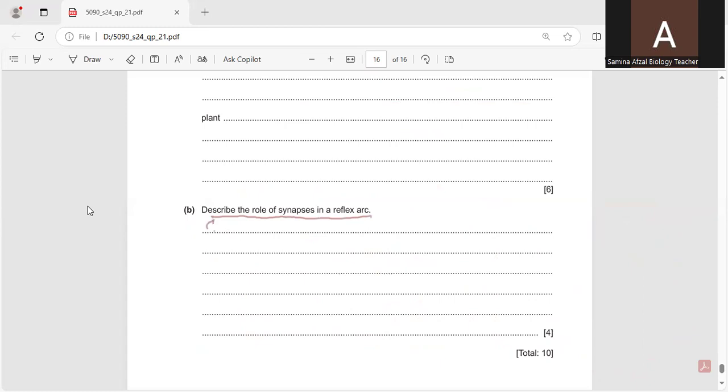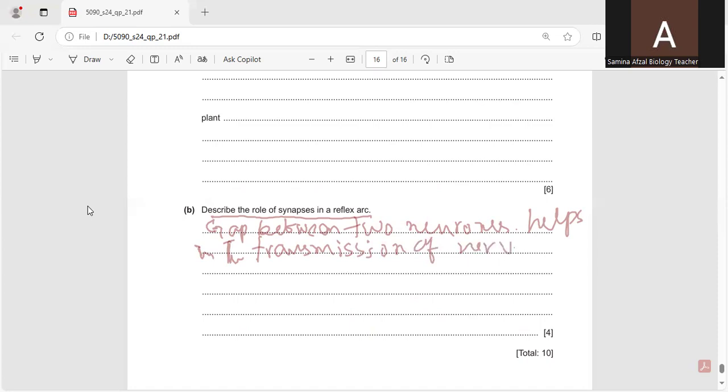So it helps in the transmission of nerve impulses between two neurons.